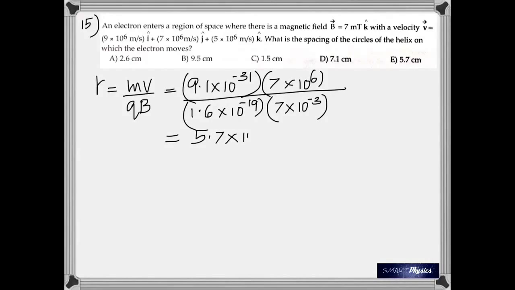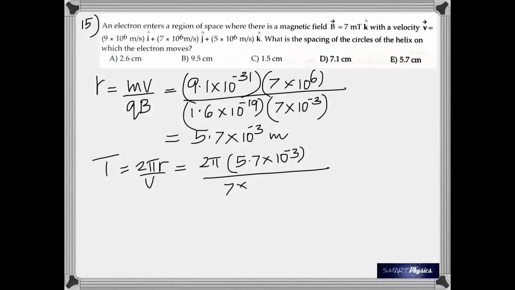That's why it's 7 times 10 to the negative 3. Once you get the radius, you find the time period of rotation, which is circumference by velocity. We got the radius divided by the same velocity along the j-axis, and you get the time period.